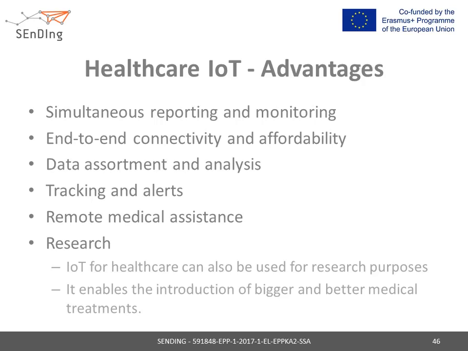It enables the introduction of bigger and better medical treatments. IoT is used in a variety of devices that enhance the quality of the healthcare services received by the patients. Even the existing devices are now being updated by IoT by simply embedding chips of smart devices. This chip enhances the assistance and care that a patient requires.